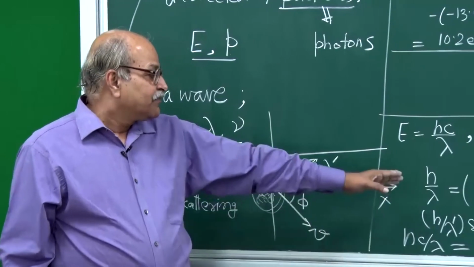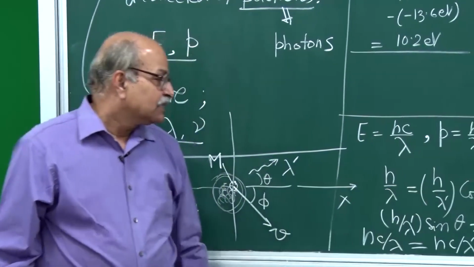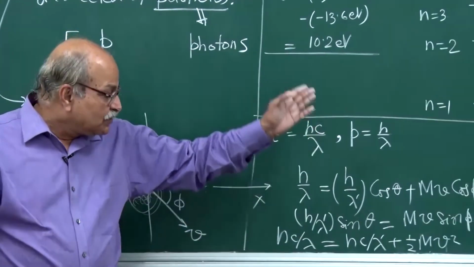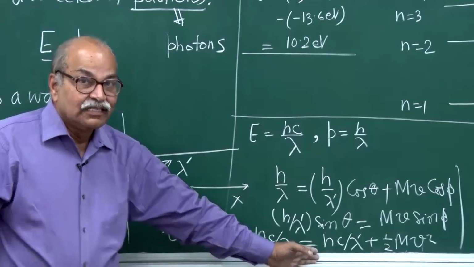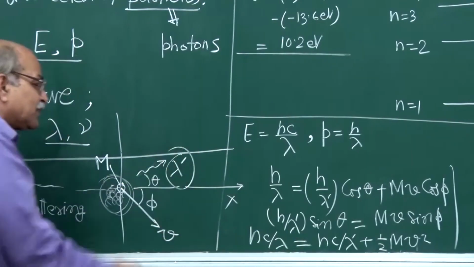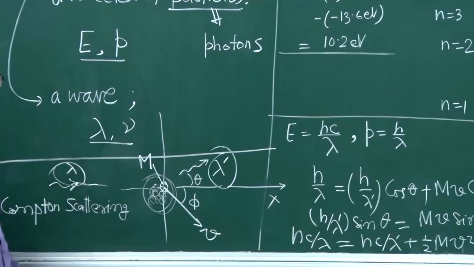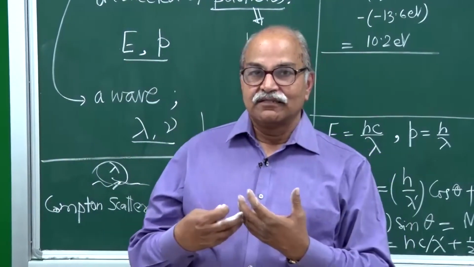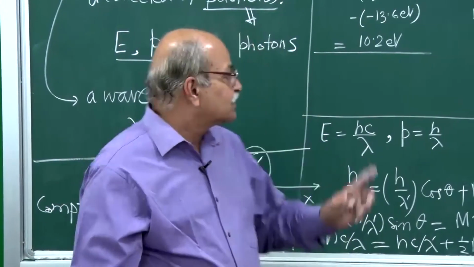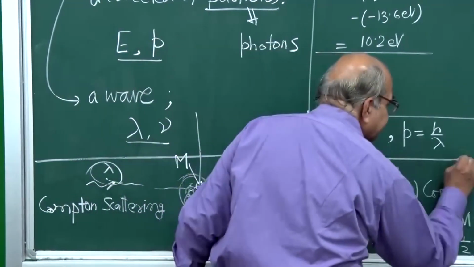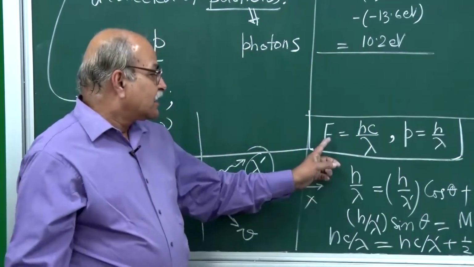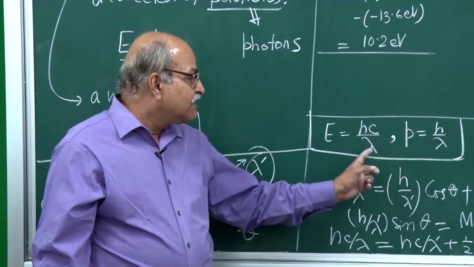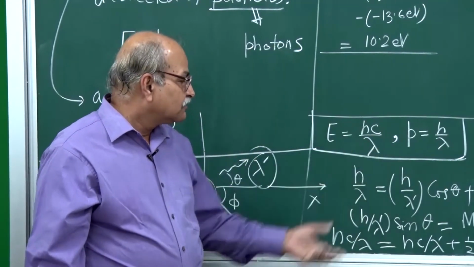So we are writing the linear momentum of the photon, the energy of the photon, and doing all kinds of particle dynamics. And when you solve these equations, you get the correct observed relation between this lambda prime and this lambda.